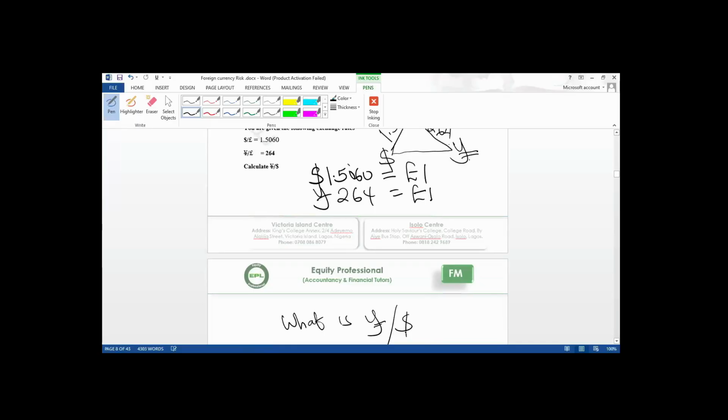You can now say yen to dollar. Yen over dollar now. Look at it.